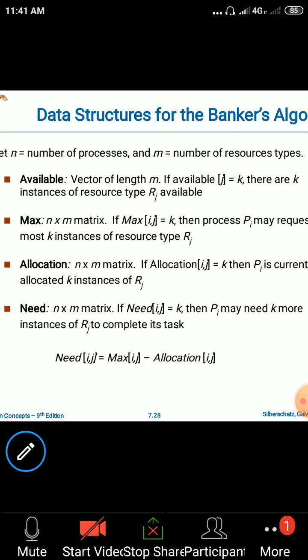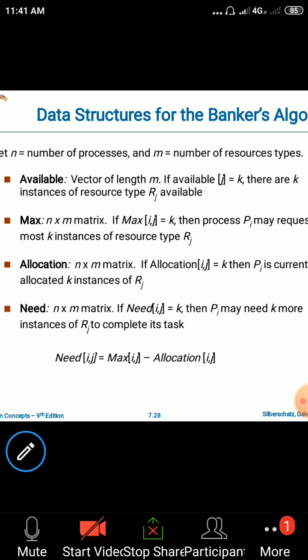Here k is equal to 4, meaning 4 CPUs are available. There are 4 instances of resource type CPU. So k is equal to 4 and the resource type CPU is rj.